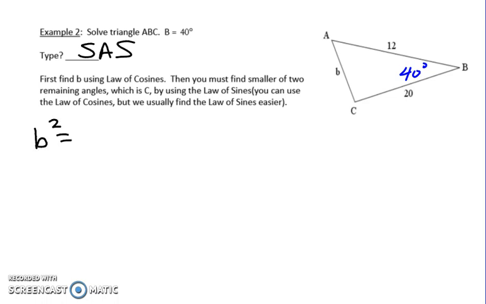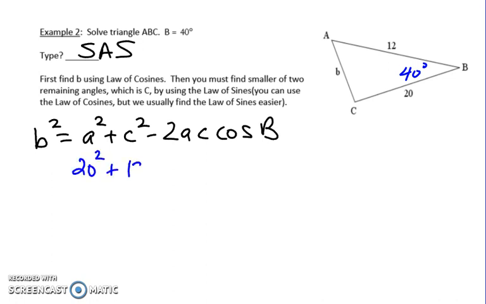So b squared is equal to a squared plus c squared minus 2 times a times c times the cosine of angle B. So 20 squared plus 12 squared minus 2 times 20 times 12 times the cosine of angle B, which is 40 degrees.